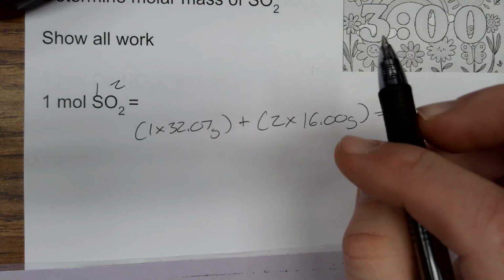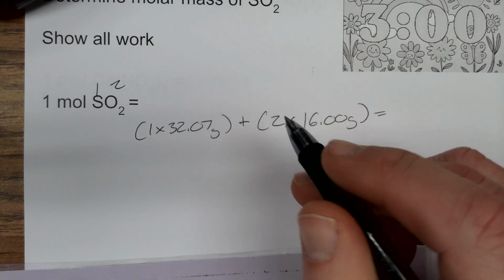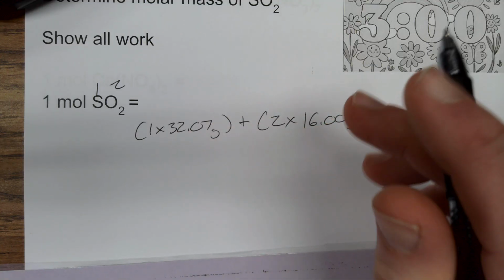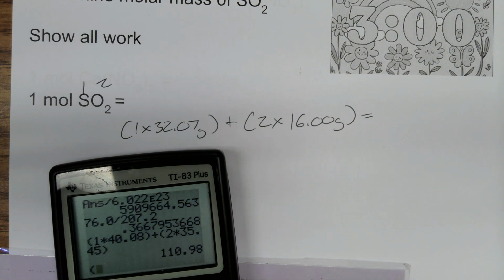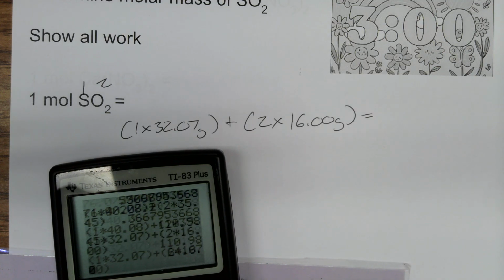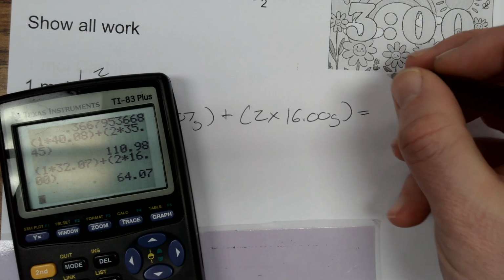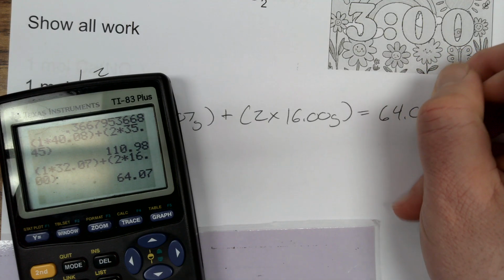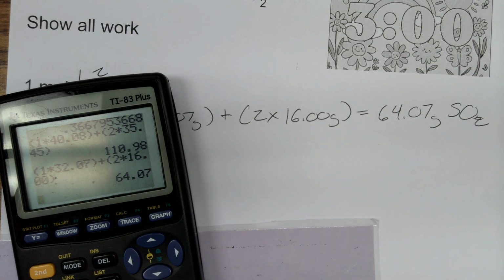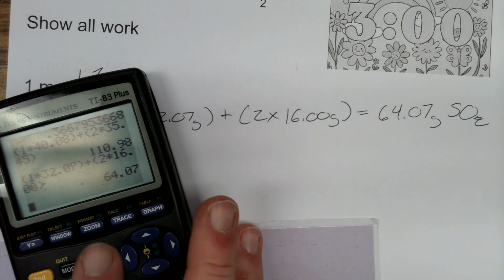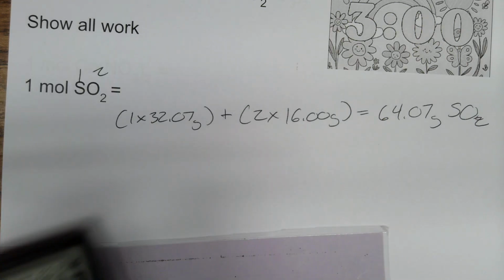Yes, it gets a little annoying in the beginning, but it's going to make sure that you're doing your math right. 1 times 32.07, close my parentheses, plus 2 times 16.00, close my parentheses, gives me a total of 64.07 grams SO2. So, like I said, good work out there.